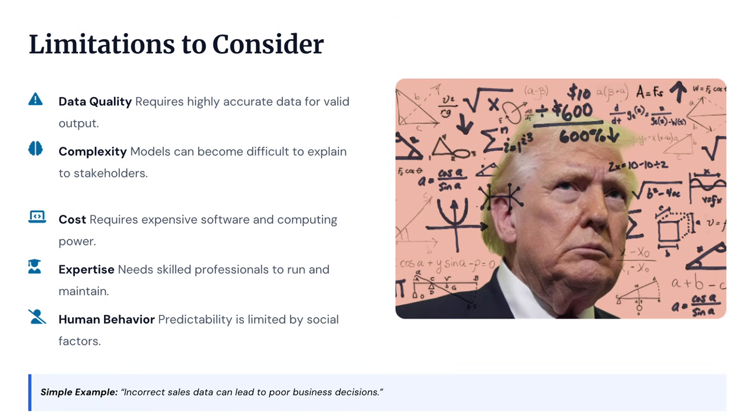Here is an important question: can maths fully predict human behavior? Let me rephrase this. Can maths fully predict human behavior? The answer is not always, right? So, operations research is powerful, but it must be used carefully. Doing that, we can find the optimal solution for whatever challenge we are facing and support a data-driven decision-making process.